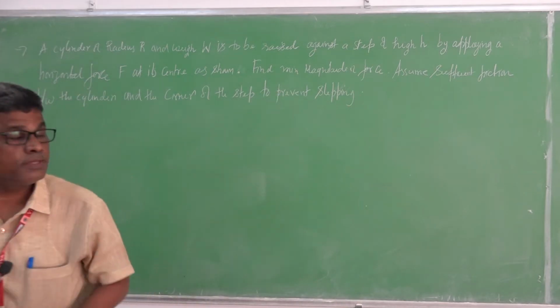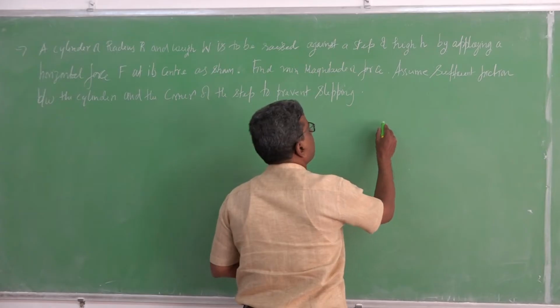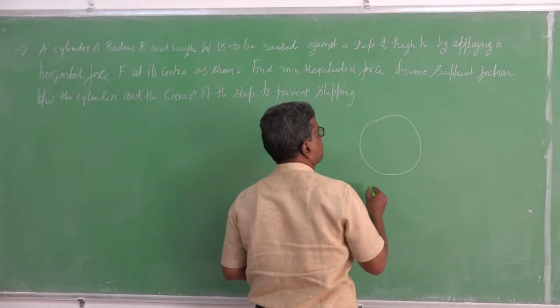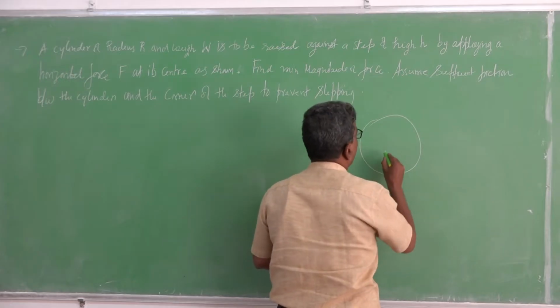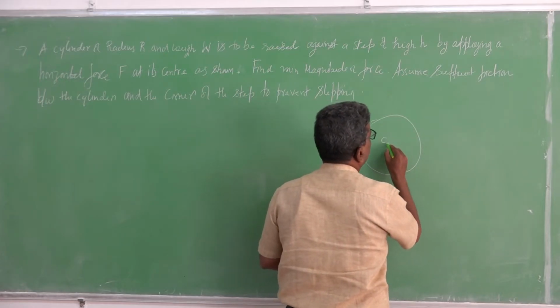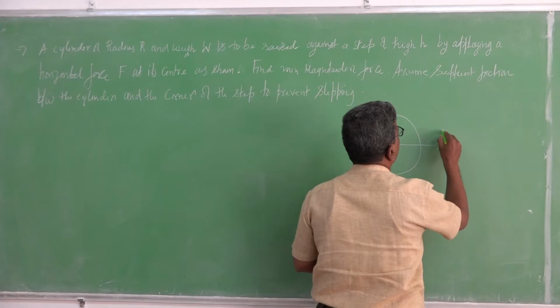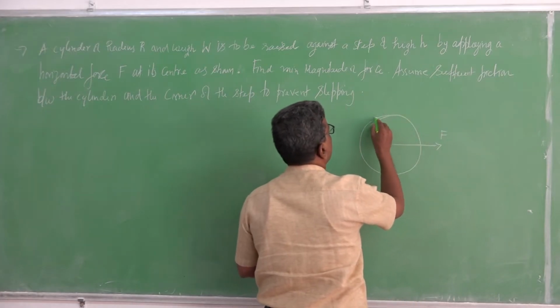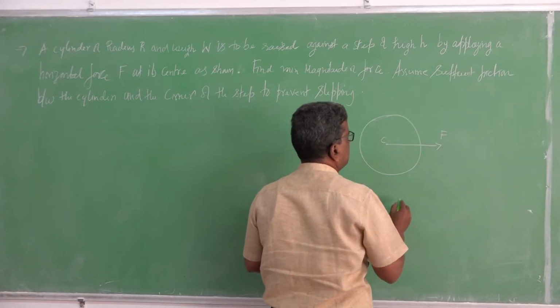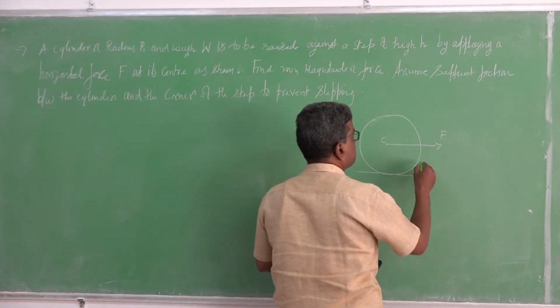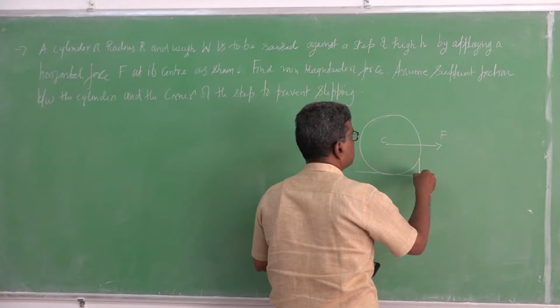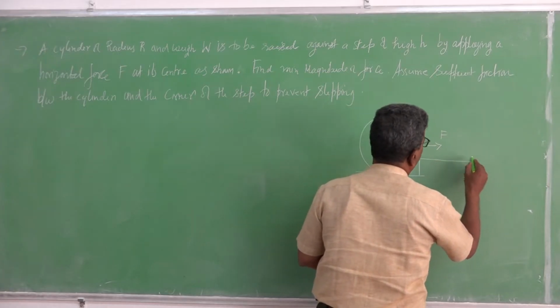So this is the diagram. There is a cylinder of radius r. C is the center of the cylinder. We need the minimum horizontal force required for this cylinder. The step is there, so let h be the height of the step.